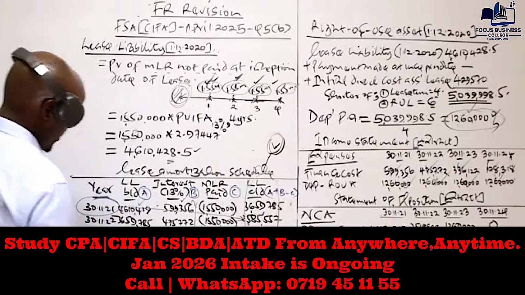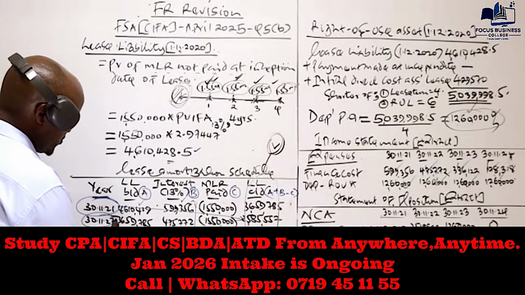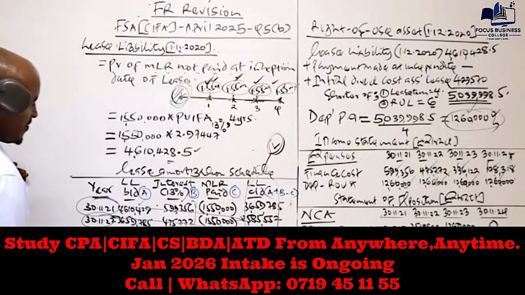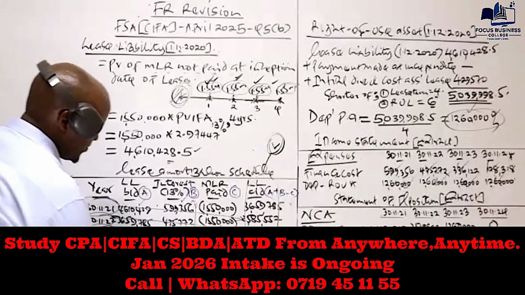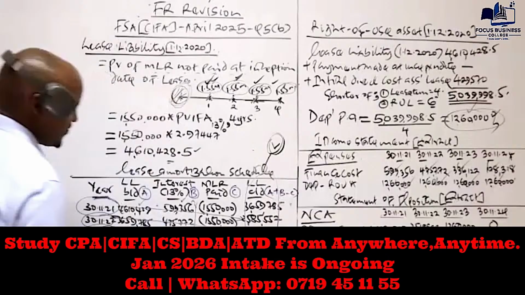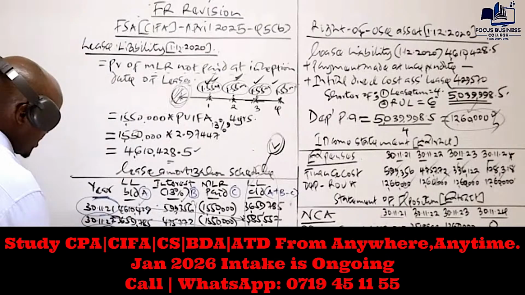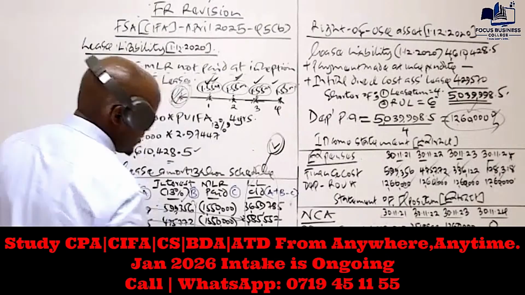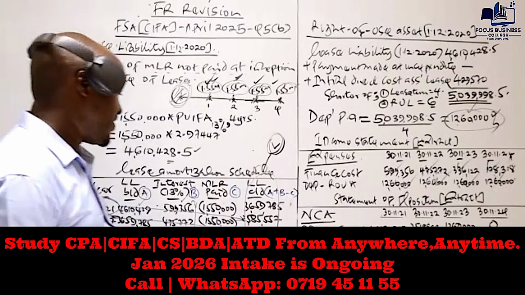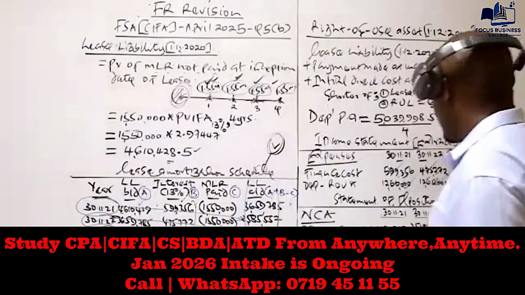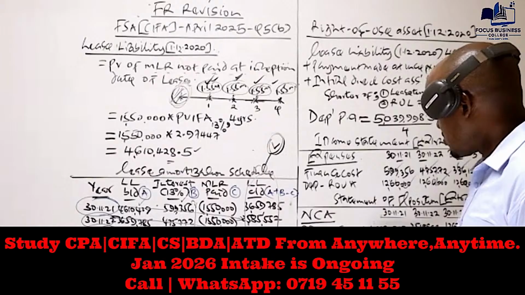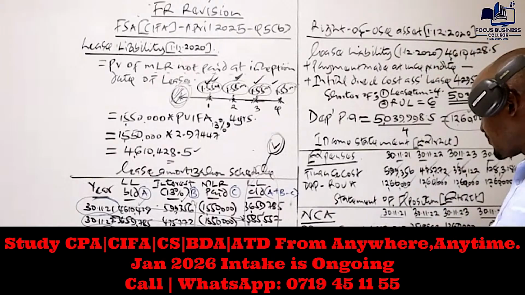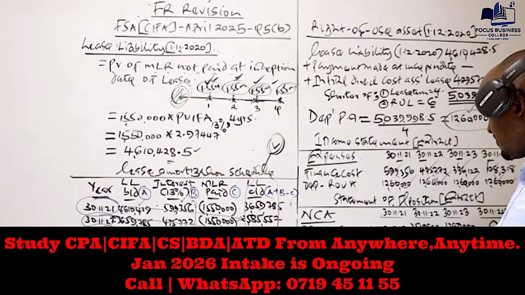For year 2, we take the lease liability at the end of year 3. At the end of year 3, we take the lease liability at the end of year 4. At the end of year 4, the lease liability at the end of year 5. So therefore, in year 1, the first year here, the amount to be recognized is 25,85,557.